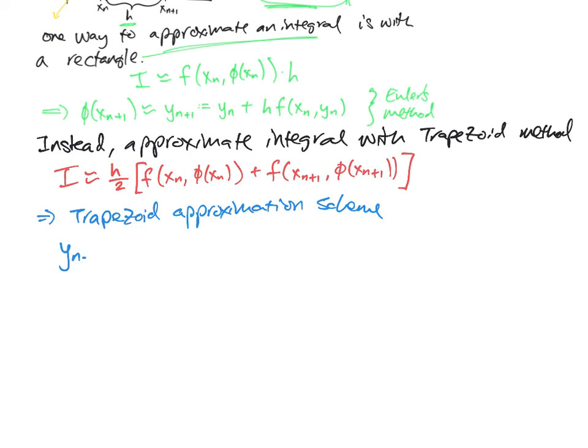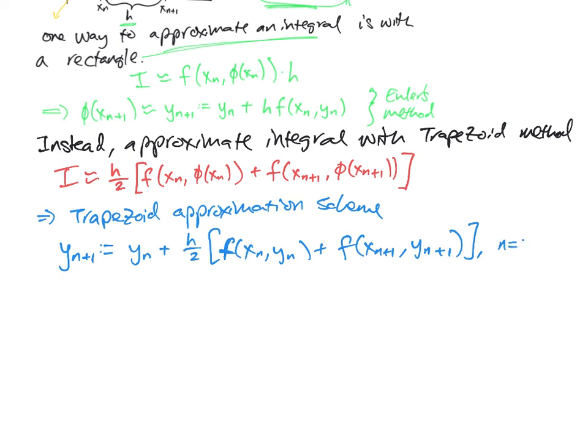It looks like our y_{n+1} is equal to y_n plus h over 2 times f(x_n, y_n) plus f(x_{n+1}, y_{n+1}), for n equals 0, 1, 2, etc. So this seems really great, except that what we have here is y_{n+1} defined in terms of f at y_{n+1}.